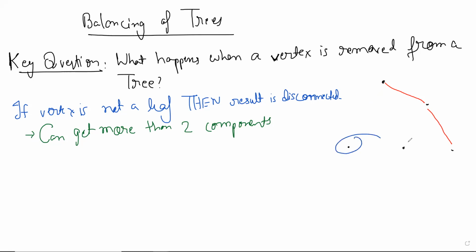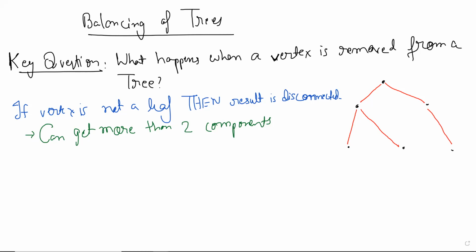These vertices are not gone; they are there, but they're just isolated, right? So we see that the question I'm asking is not very precise, because the answer is that you can get many connected components, so it can't really say much.